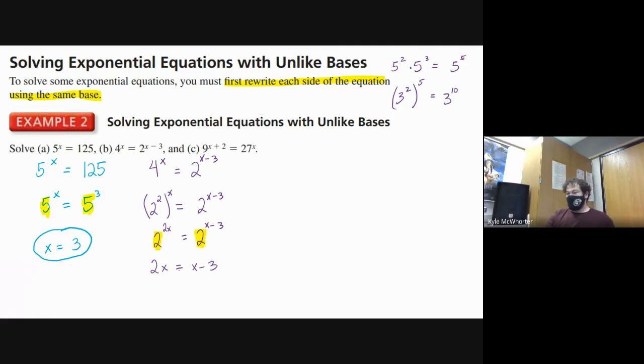I have x on both sides, so I'm going to subtract it off of one side. But you have to do the same thing to both sides of an equal sign. 2x minus x is x. So x equals negative 3.